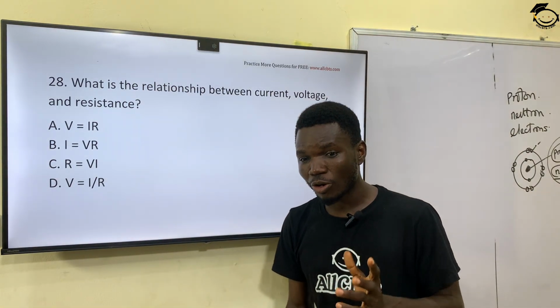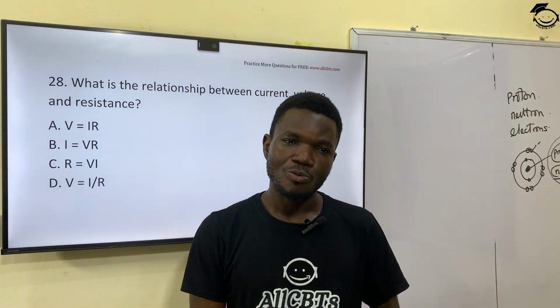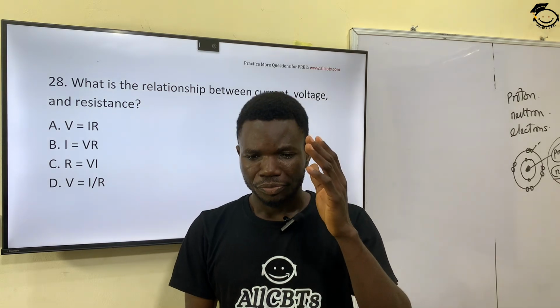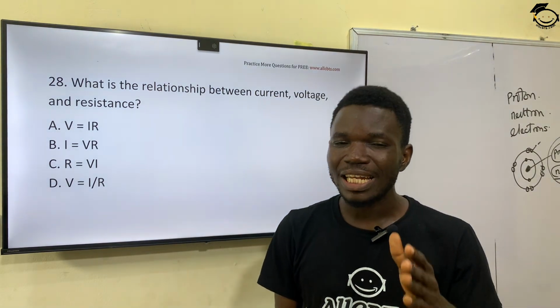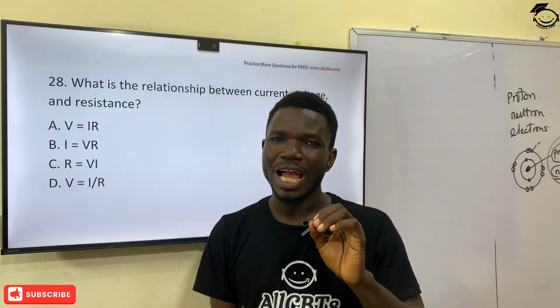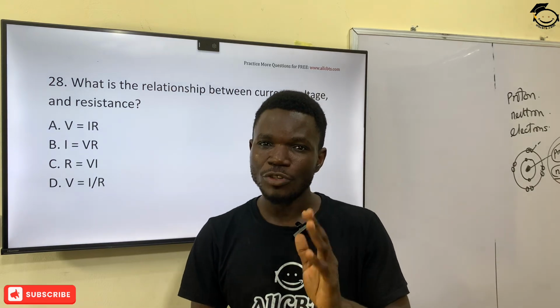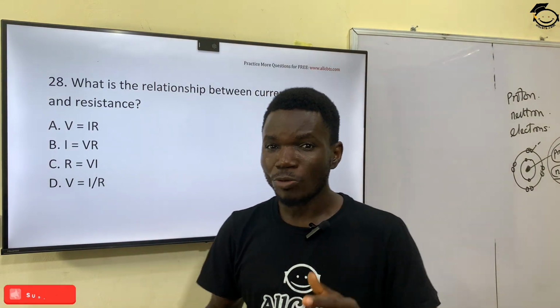The relationship between current, voltage, and resistance was stated by Sir Ohm, where he said that the current passing through a metallic conductor is directly proportional to the potential difference across both ends of the conductor, provided temperature and other physical quantities remain constant. What was he saying?